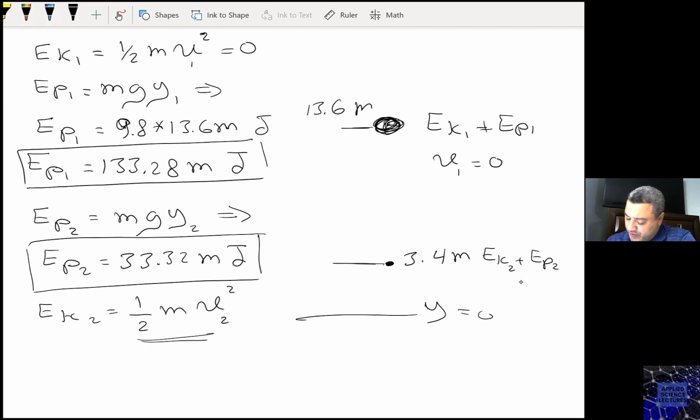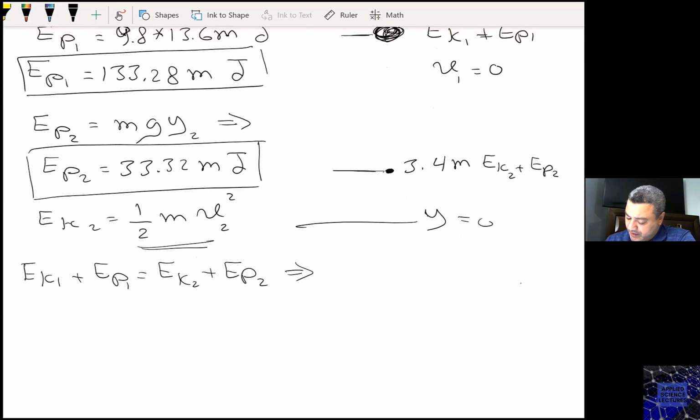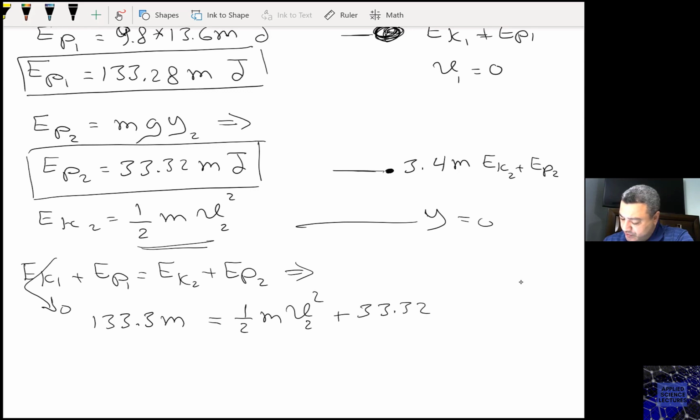Now applying the conservation of energy, which is EK1 plus EP1 equals EK2 plus EP2, gives me, this is 0, EP1 is 133.3 m equals EK2, half m V2 squared, plus 33.32 m.